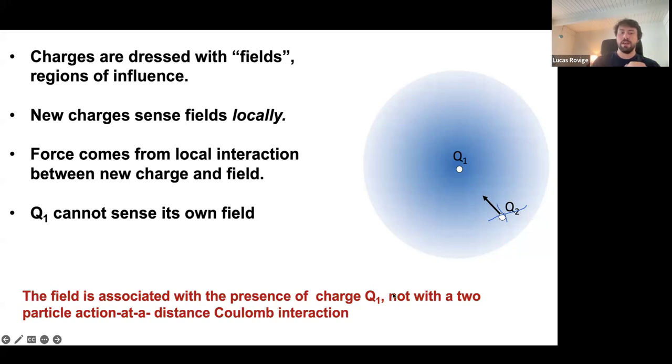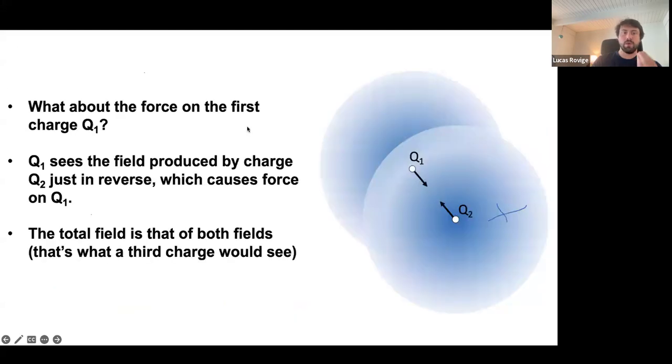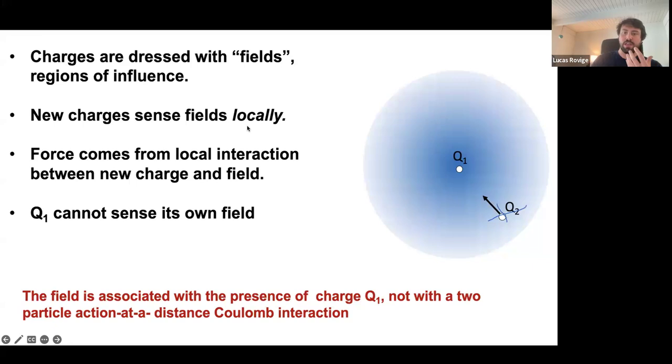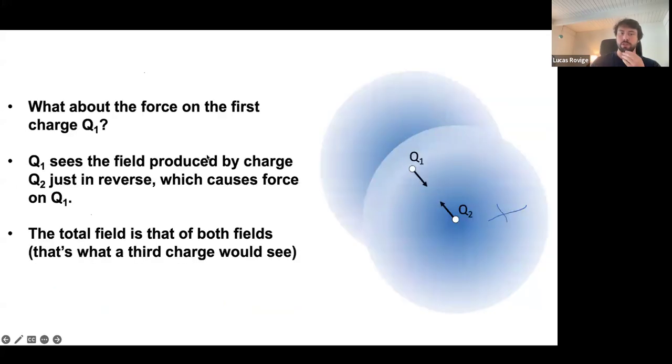But the field is just associated with this particle and exists even if there's no other charge in the vicinity or in the system. That's why fields are pretty interesting to use as a concept, because then you can have a more general description, because it just depends on your charge or your charge system, and not on an outside test charge that you would use.